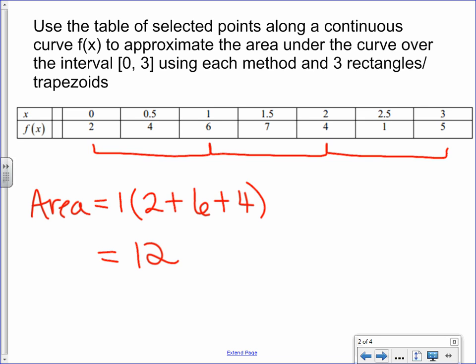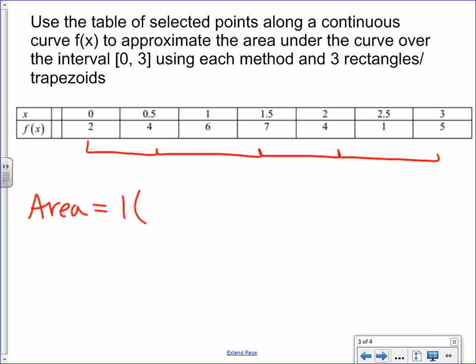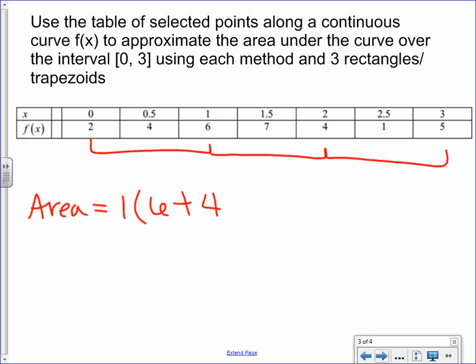What if I asked for right endpoints? Our rectangles all have width of 1. Our first rectangle would have height of 6, our second 4, and our third 5.